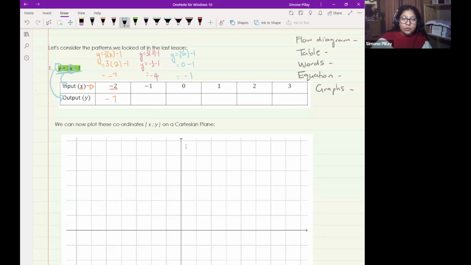So what I want to do is to fill in each one of these blocks in my table. I'm going to take my equation, which is y is equals to 3x minus 1, and my x row over here is filled in. So to fill in each block here, I'm going to take my input that I've been given, and I'm going to put it into my equation. So that's what I do with the x, if that was the question that you were asking. I hope that's answered your question.